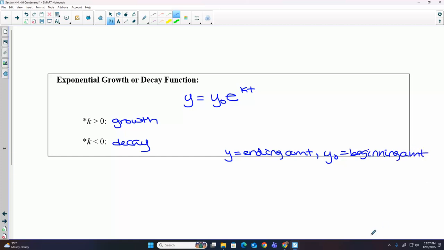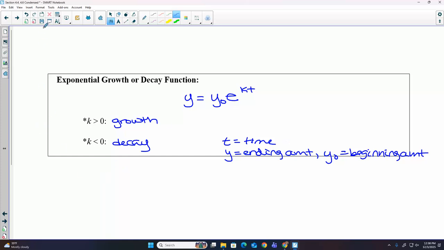And t is the time that's passed. E is just that button on our calculator, and K is some sort of constant.